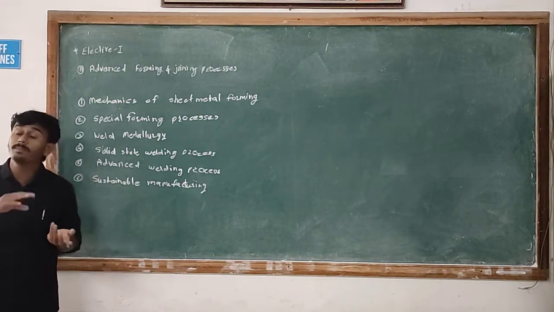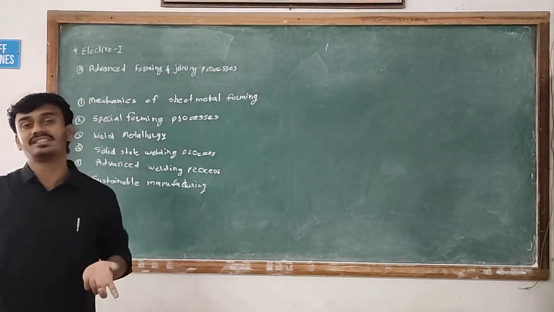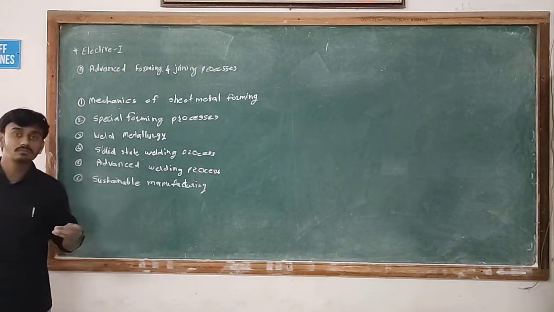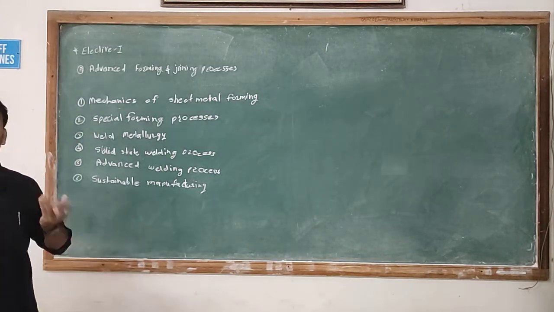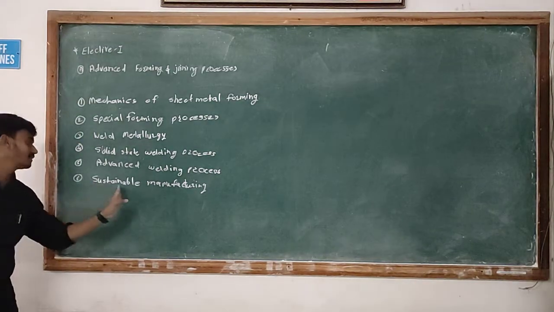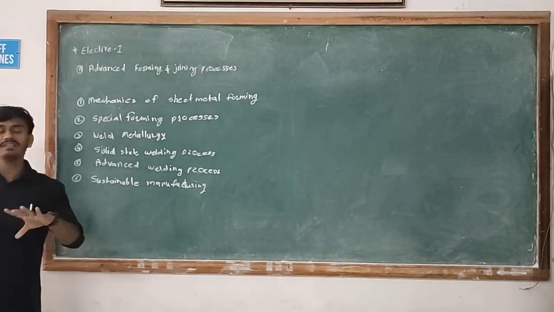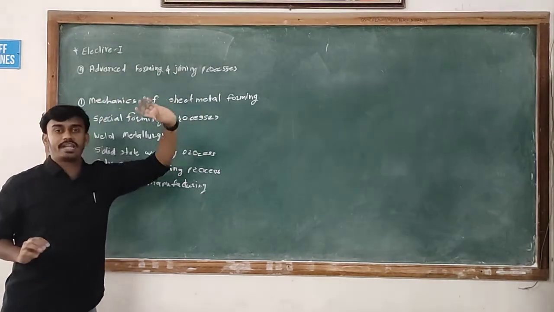What is the effect of these? If we see in welding, various harmful gases are released. These gases affect human health and the environment also. So how can we reduce this? All these things we will discuss in sustainable manufacturing. This is our total syllabus of advanced forming and joining processes.